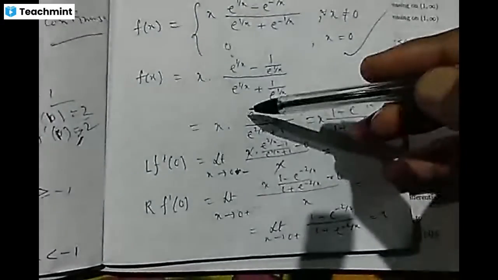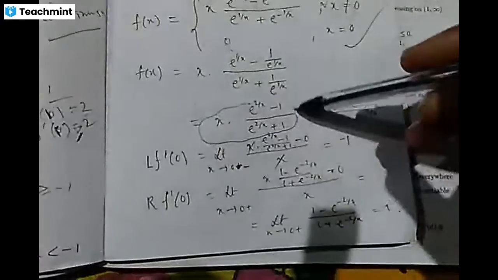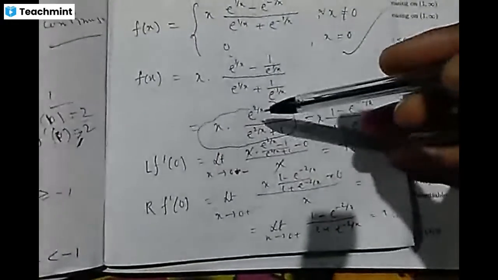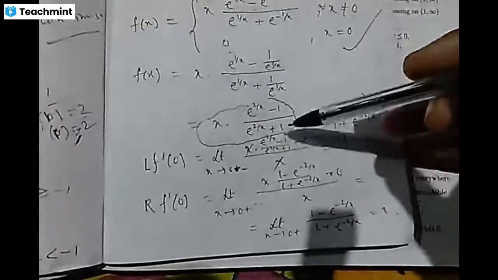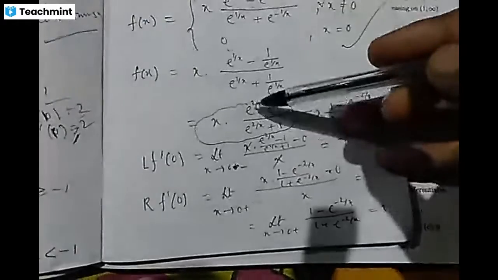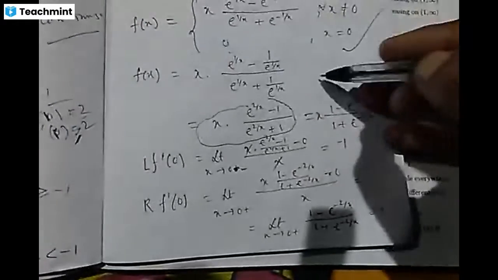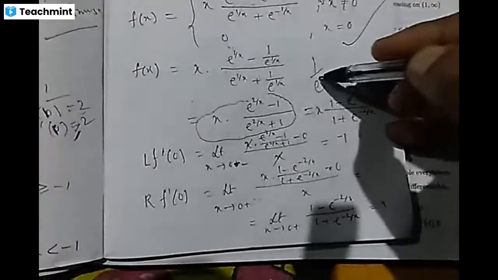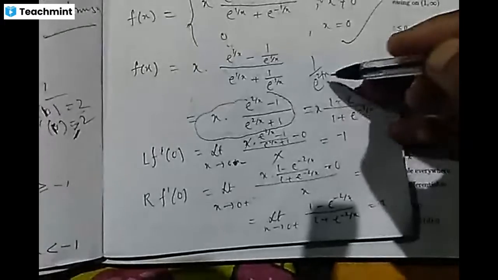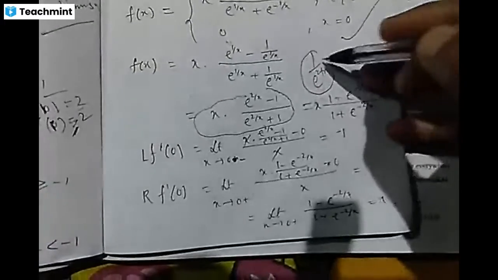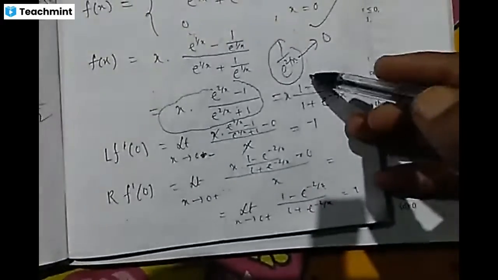Or in another form, this is also an important form, because if x is negative, this will go to 0, because it will be in the form 1 by e to the power 2 by x. So if x is negative, this will go to 0. So this form is important, and this form is also important.